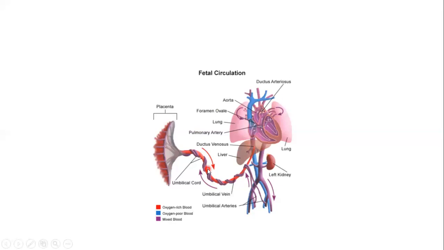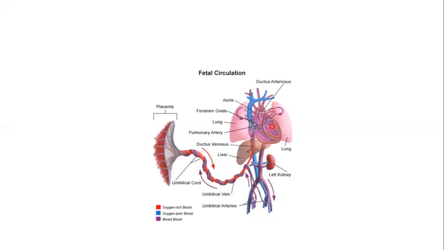via the umbilical vein to the liver. From the liver, the blood goes into the inferior vena cava via the ductus venosus. From the inferior vena cava, the blood goes to the right atrium. From the right atrium, blood goes to the left atrium via the foramen ovale. From the left atrium, blood goes to the left ventricle.